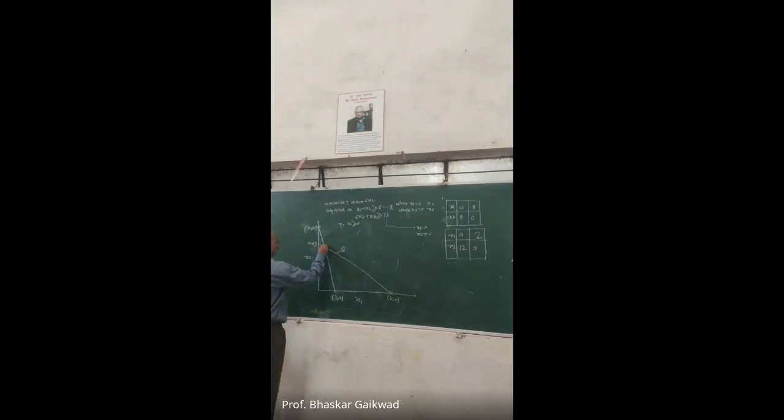So this is the point of intersection. We can find out the coordinates for this, and we can give a name for this.